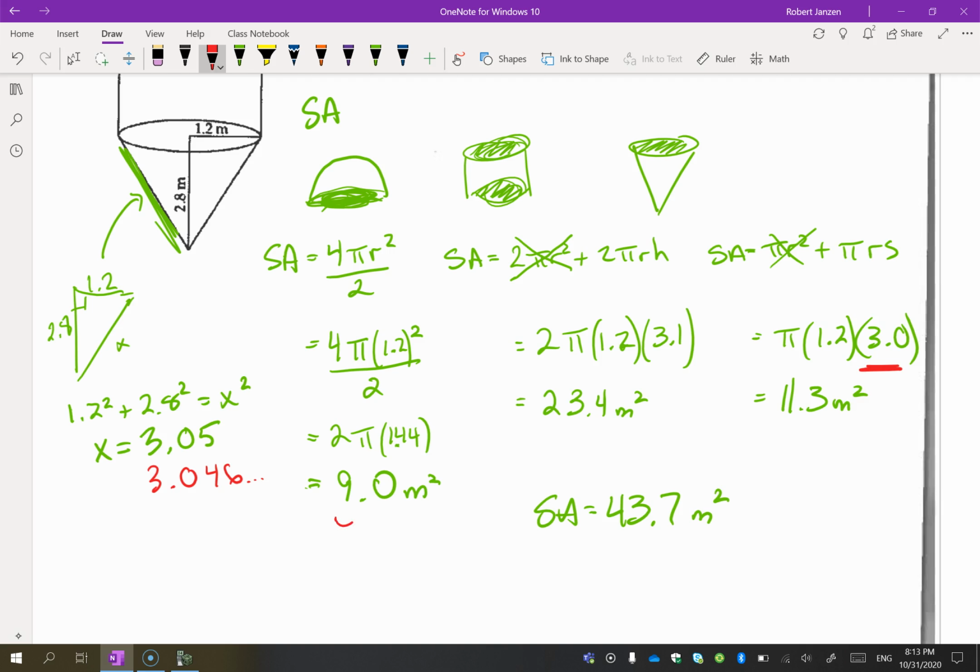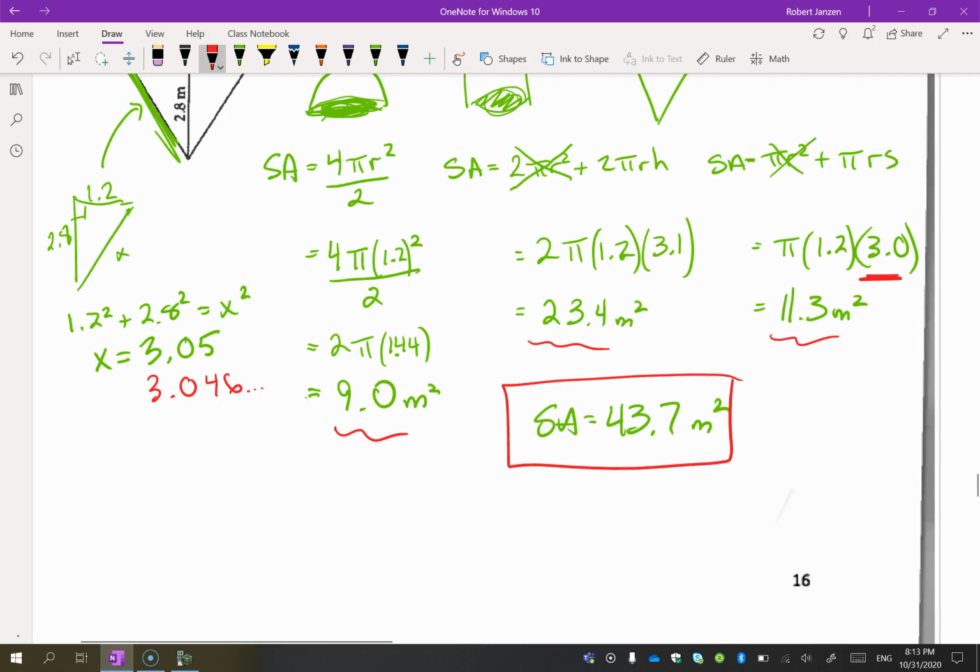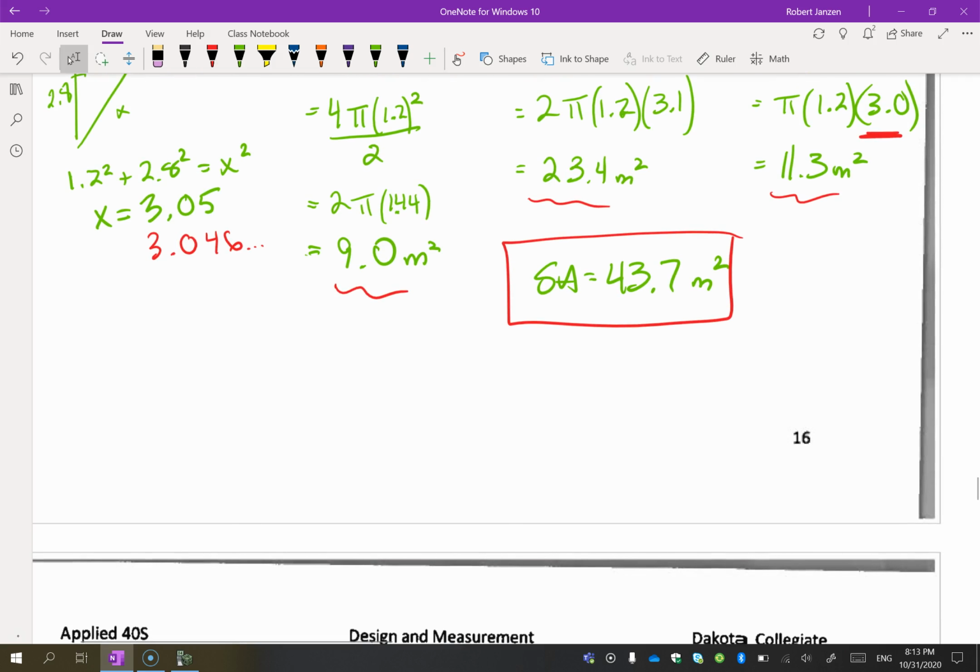Okay, and so I've got these three surface areas. I've added them up, and the total surface area of the shape is 43.7 meters squared. Okay, so we're supposed to calculate two things. We're supposed to calculate the cost of paint and the cost of the aluminum.